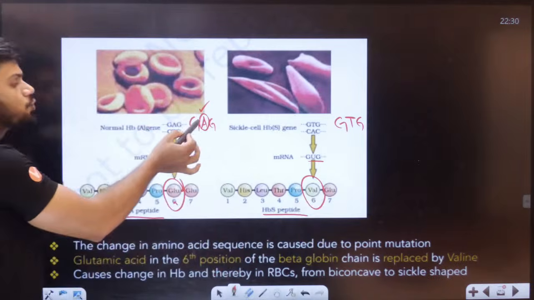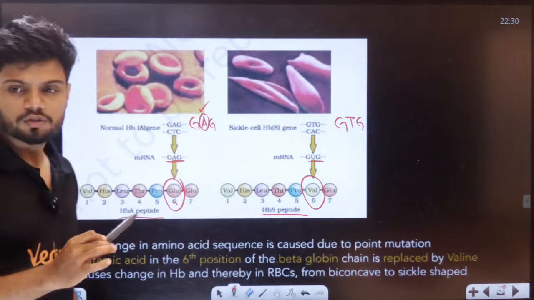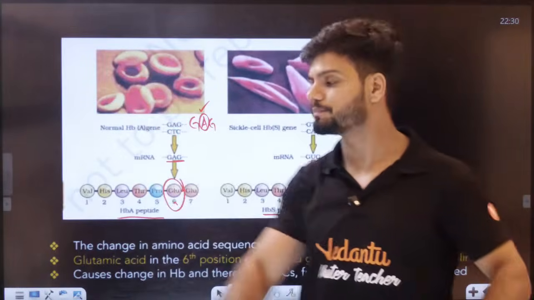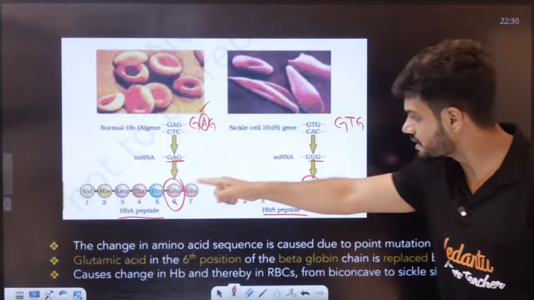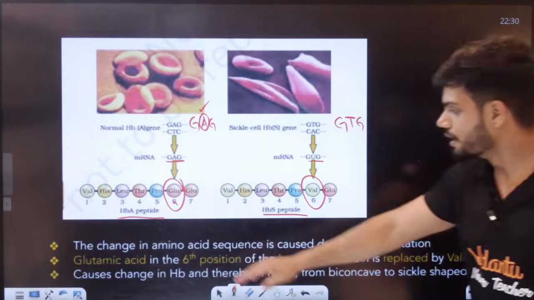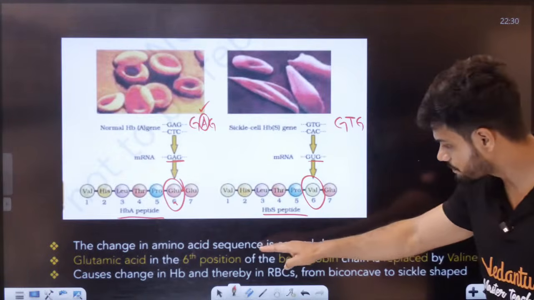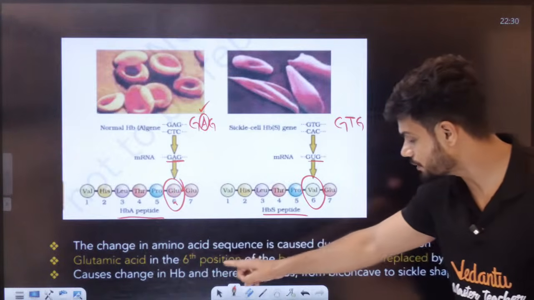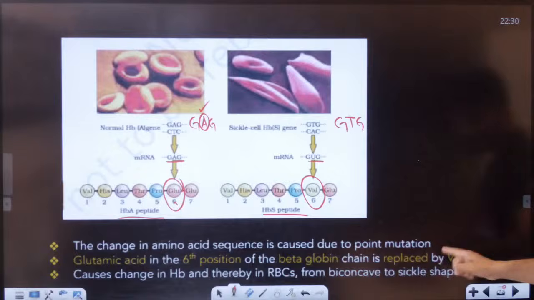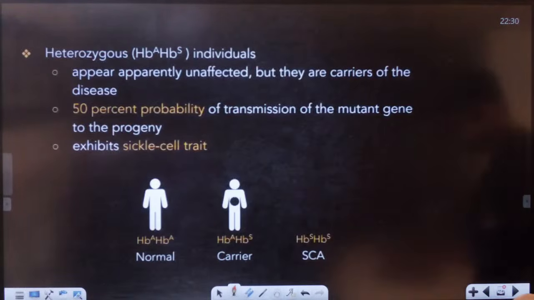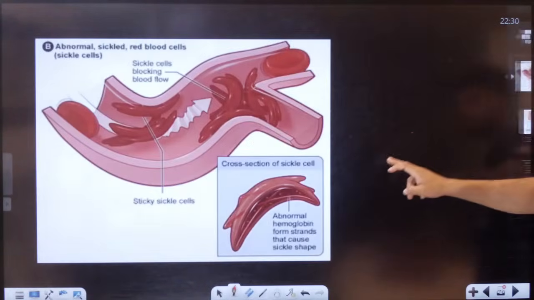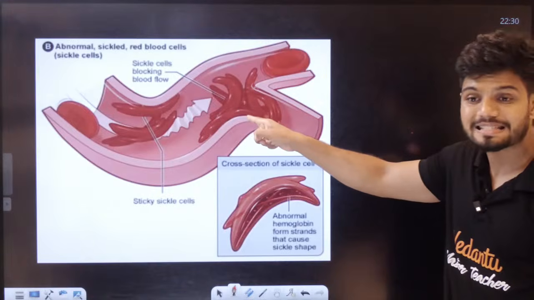Because of this one point mutation, the shape of the RBC becomes sickle shape.